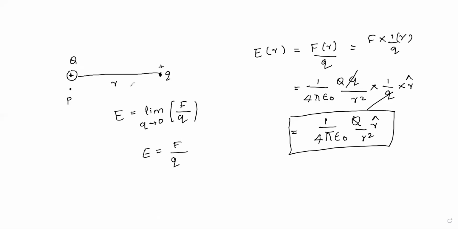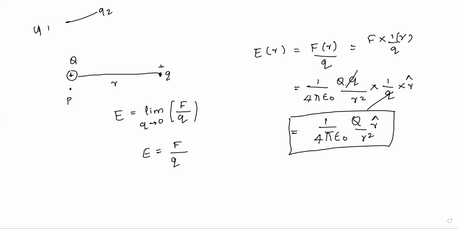Now we considered the distance r. So we introduced r: E r is equal to F r by q. So how will you write this F r? We substituted the value of F according to Coulomb's law, which is 1 by 4 pi epsilon naught. We are considering two charges; in Coulomb's law we consider Q1 and Q2, so here it is Q and q.